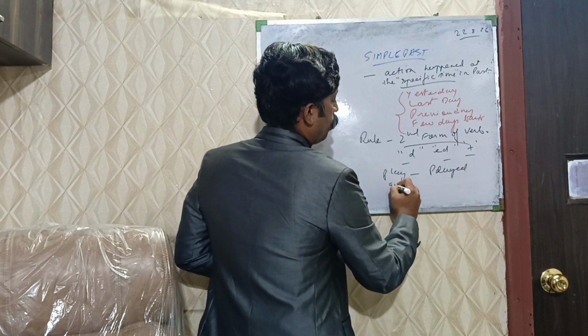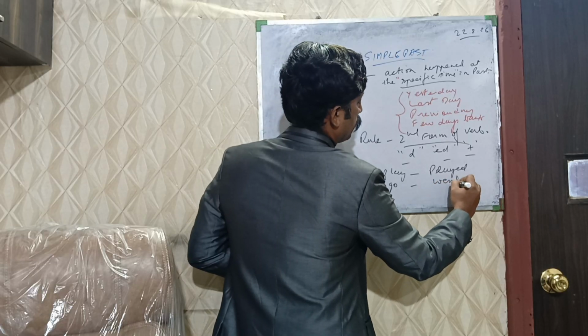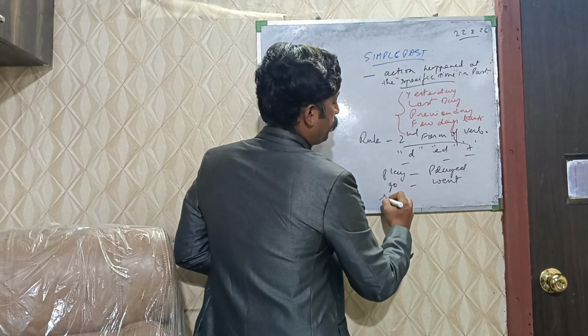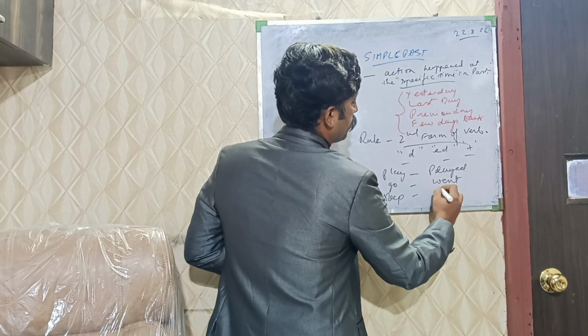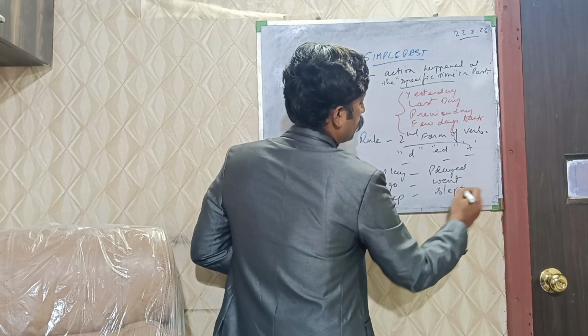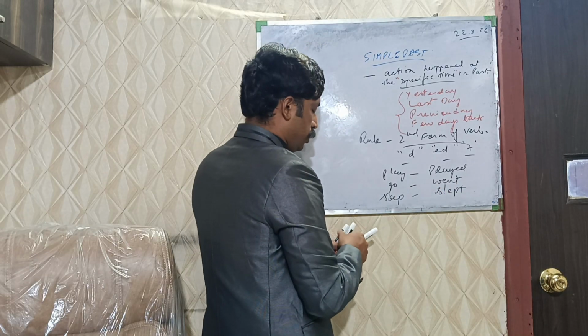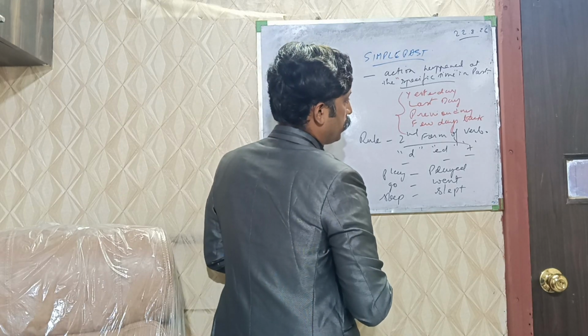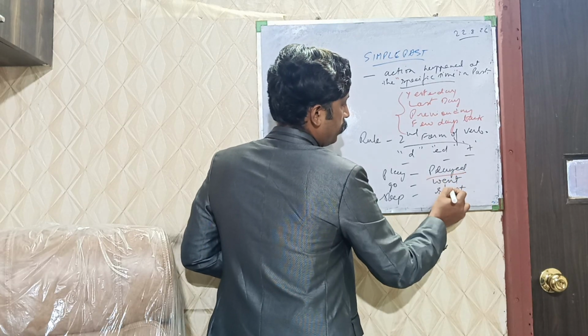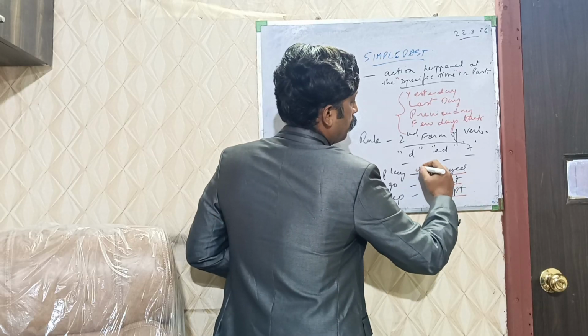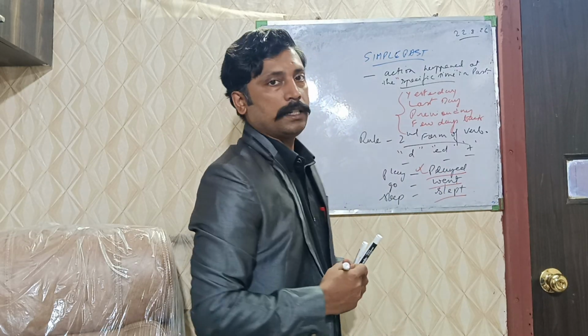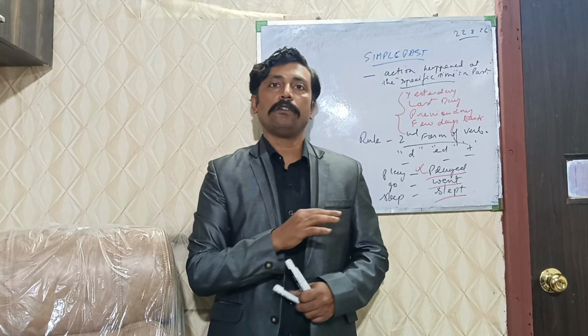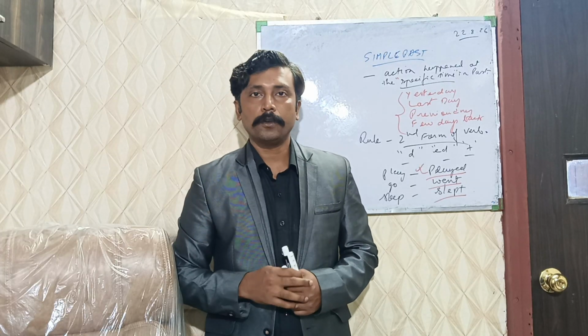If the verb is go, you use went. If the verb is sleep, you use slept. So these are the things that you have to use over here: played, slept. When you make a sentence, the past form of the verb is used, okay?